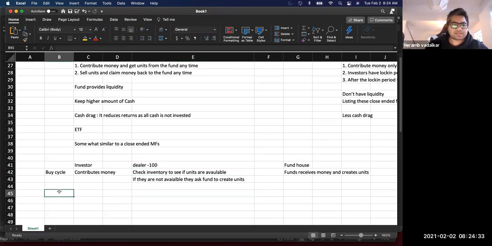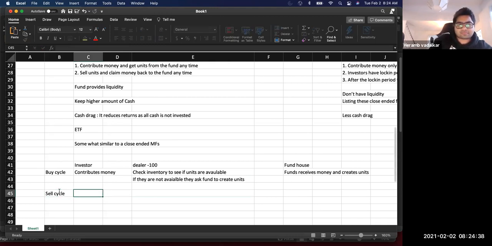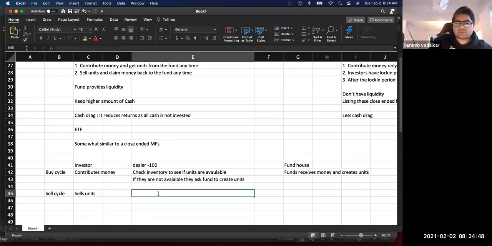Same way, a sell cycle. Investor sells units. Mostly the units are sold on an exchange using dealers.